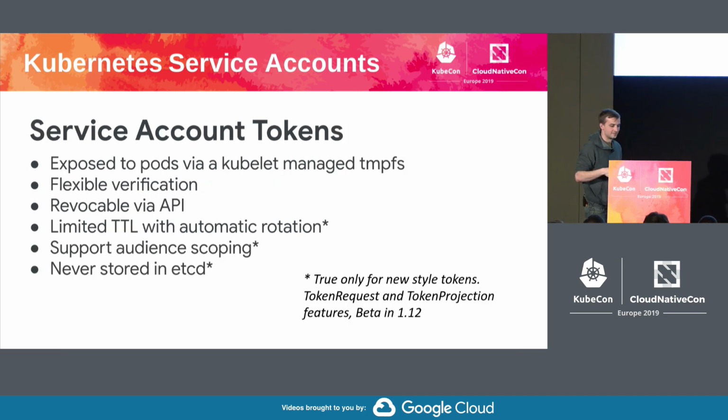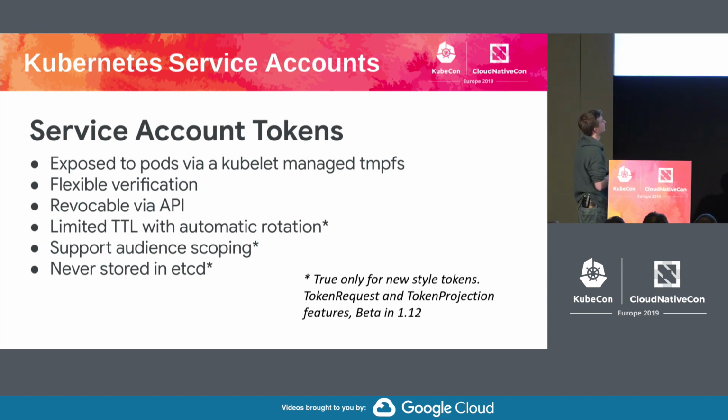So the tokens are the built-in credentials provided to service accounts. They are exposed to pods via kubelet volume. They are flexibly verifiable. They can be verified either centrally by communicating to the token review API, or by distributing a verification key, and you can do a standard JWT verification against these tokens.